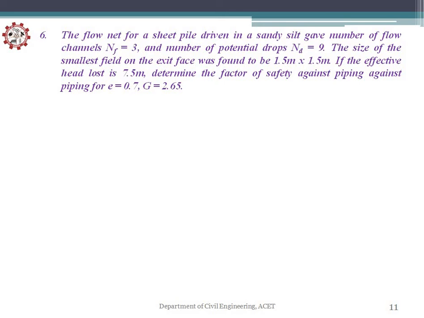If the effective head loss is 7.5 meter, determine the factor of safety against piping for E equals 0.7 and G equals 2.65. So NF 3, ND 9, 1.5 into 1.5, total height is 7.5, E and G are given.